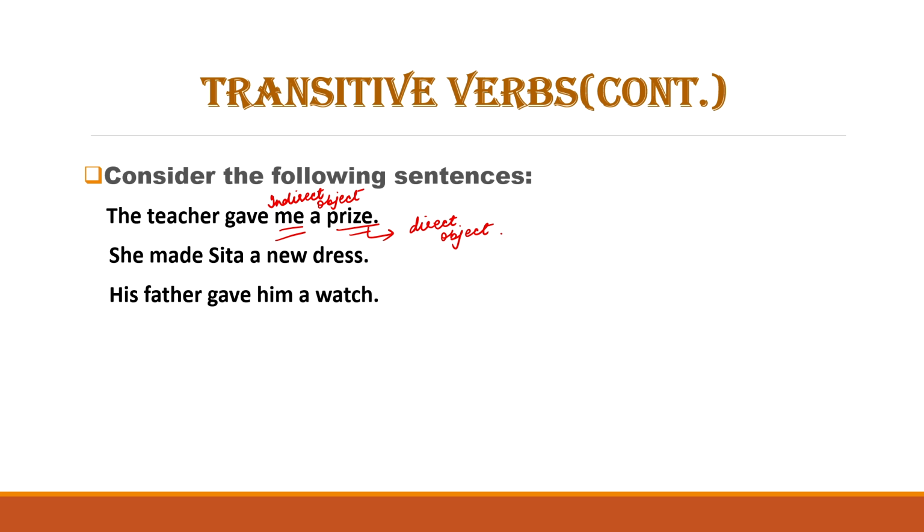So, here again Sita is your indirect object, and dress is your direct object. Now, similarly, in the next sentence, his father gave him a watch. So, here again him is your indirect object and watch is your direct object.